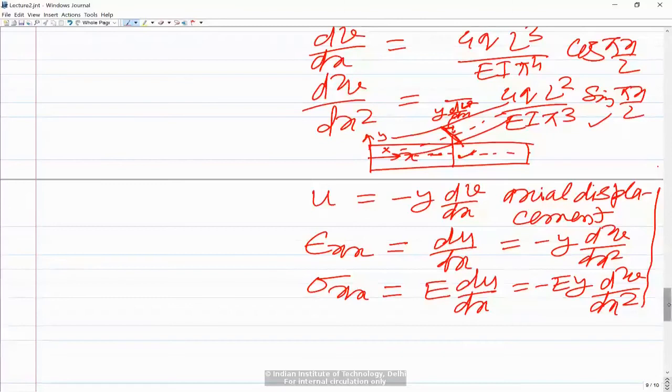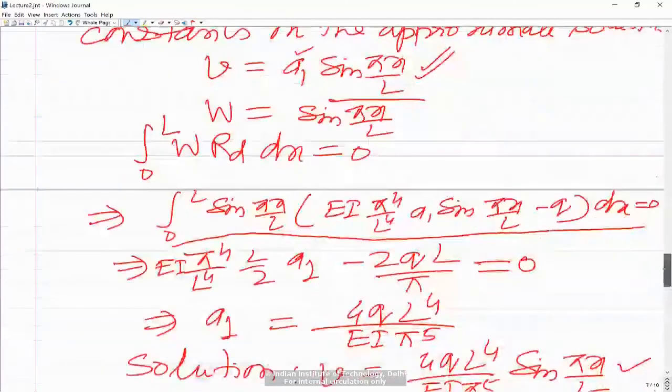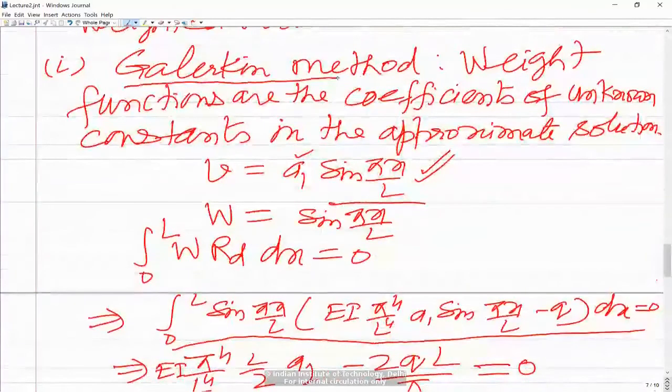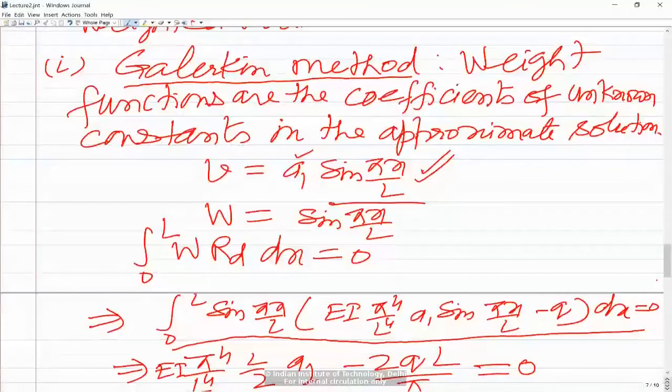So the first thing we did here is the Galerkin method. That is one of the weighted residual methods, known as the Galerkin method, where the weight function is chosen as the coefficient of the unknown constants in the approximate solution.